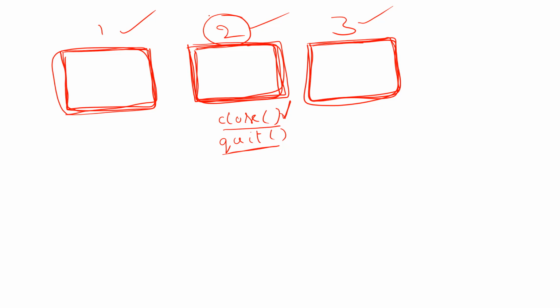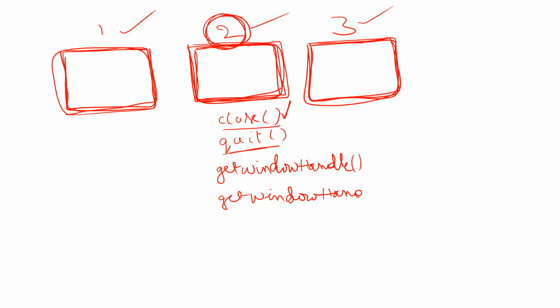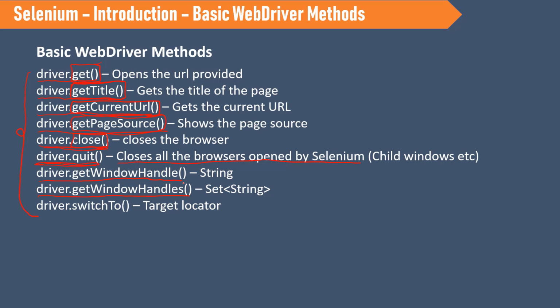If you use the getWindowHandle method here, it gets the window handle of the second browser window. And if you use the getWindowHandles method, it gets the window handles of all the 3 browsers, 1 and 2 and 3.